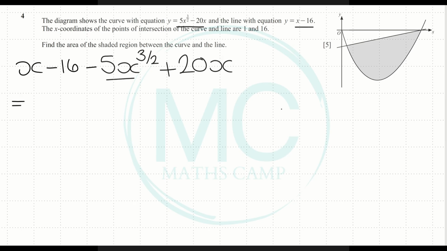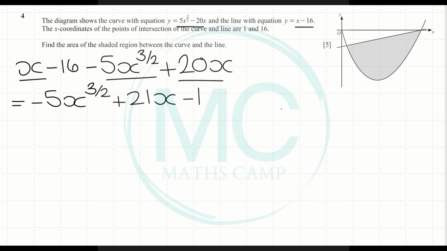We have one term, negative 5x with an exponent of 3 over 2. We have x plus 20x, which gives us positive 21x, minus the constant of 16. And this is now the equation that we need to integrate.